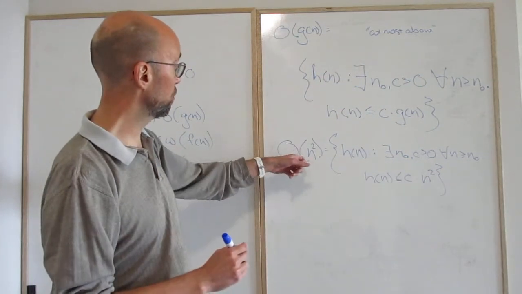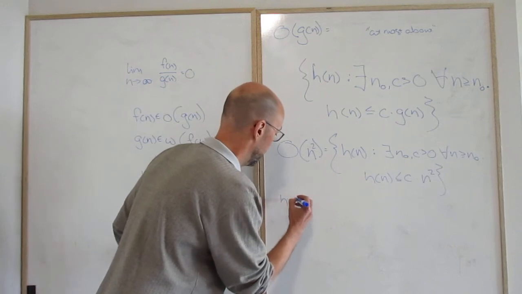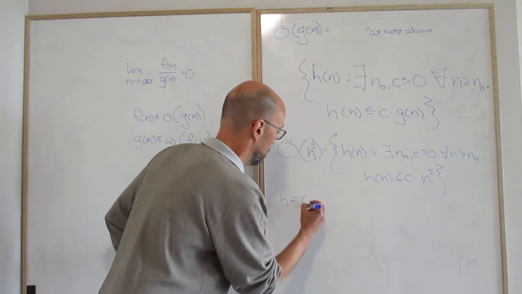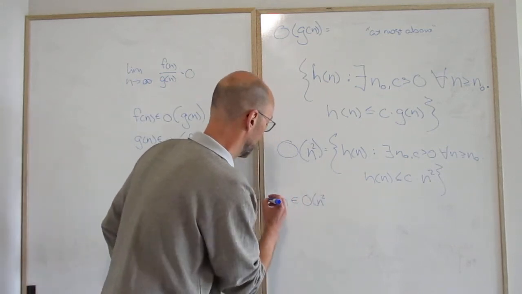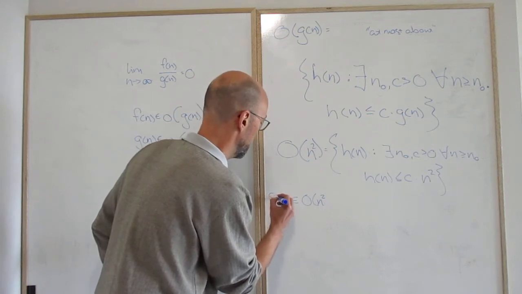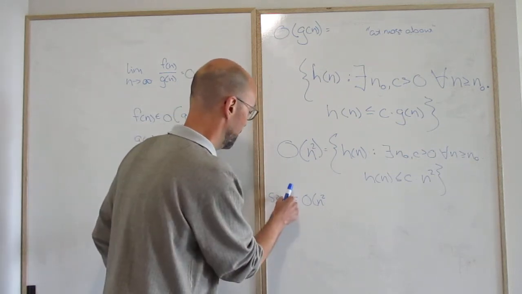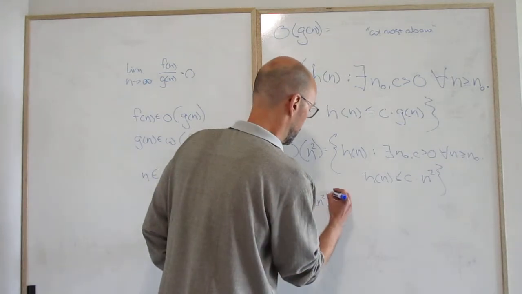Okay, is this true? So is 53 times n in big O of n squared?